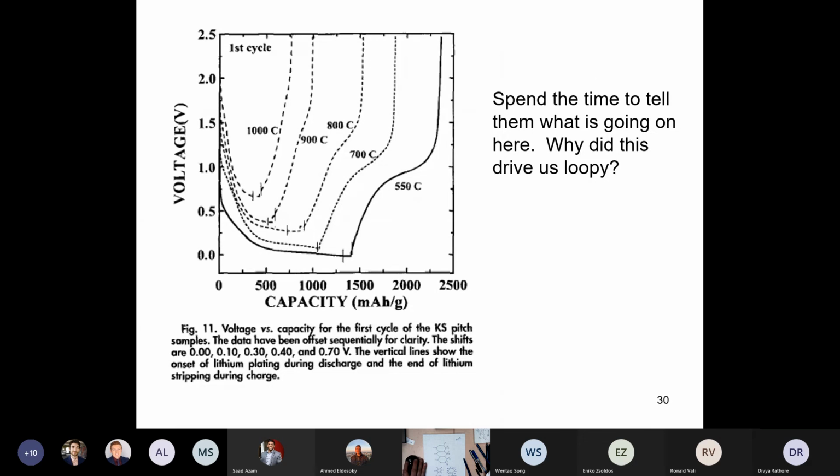And the point is, no matter what we tried to do, we could not eliminate the hysteresis, and we could not eliminate this very large difference between the first lithiation capacity and the first delithiation capacity. So that's called irreversible capacity, which is very bad. So these hydrogen-containing carbons turn out to be completely useless for lithium-ion batteries, even though they occupied the scientific community for a long period of time.